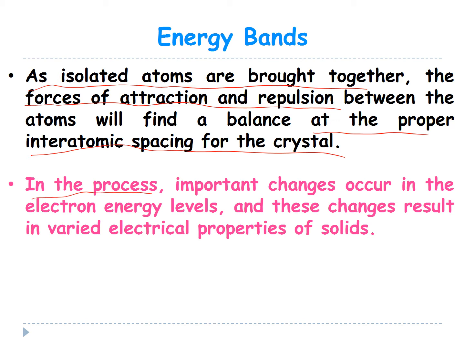Some solids like metals are conductive, some like insulators are very resistive, and some like semiconductors have intermediate conductivities. This all has to do with the electronic structure of the solid.